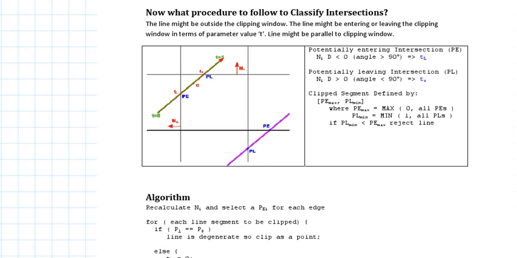calculate those dot products. Again, the line might be entering or leaving the clipping window in terms of parameter value t. As you are thinking in terms of vectors, you all know that vectors have some kind of direction. So you can think of the line as entering into the clipping window at some point of time and leaving the clipping window at another point of time.